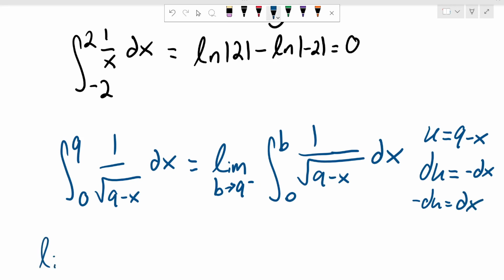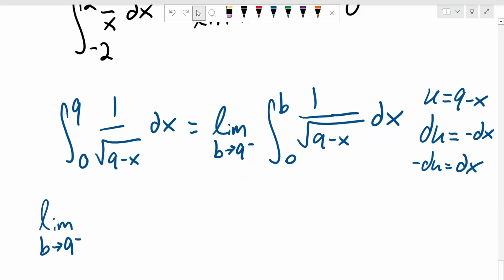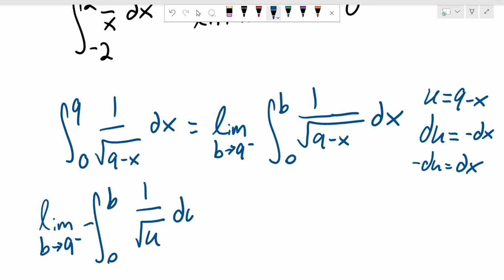So we'll do the limit as b goes to 9 from the left of the integral from 0 to b of 1 over the square root of u, and we'll have that negative, so we'll bring that on the outside here.